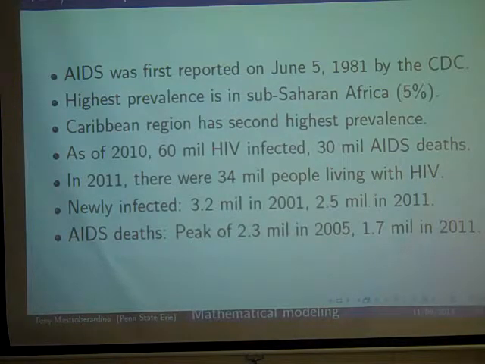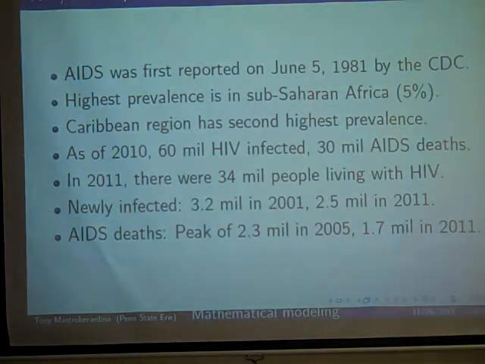Okay, so before I talk about the dynamics of the disease in Cuba, I want to talk about HIV/AIDS in general. It was first reported in the Morbidity and Mortality Weekly Report back in 1981. This is a report that's distributed to over 100,000 healthcare professionals. And it was reported that 5 men in Los Angeles had pneumocystis pneumonia with low T lymphocyte counts. The T lymphocytes are part of the immune system, so their immune systems had been suppressed.